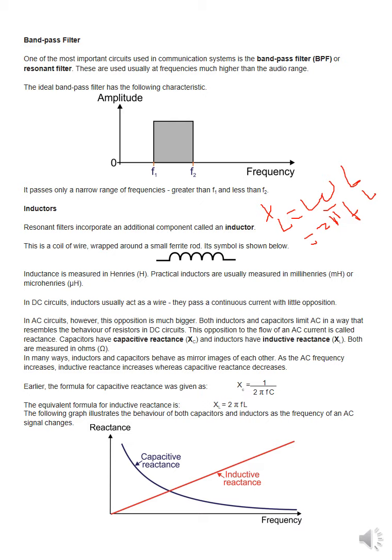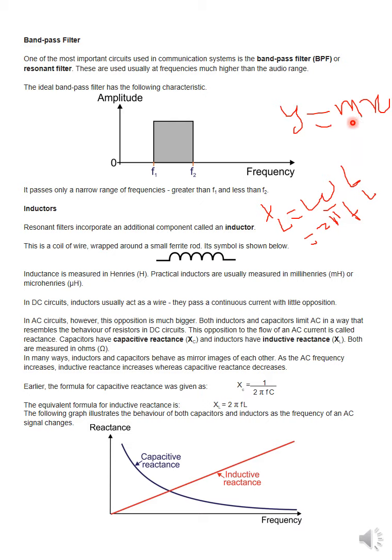The formulas for both of them are given. The capacitive reactance plot is like this. The relation of reactance with inductance is basically the equation of a y = mx line.